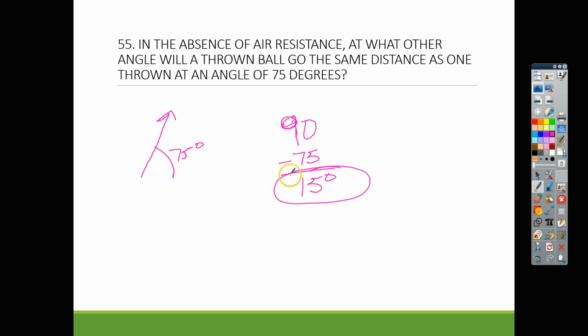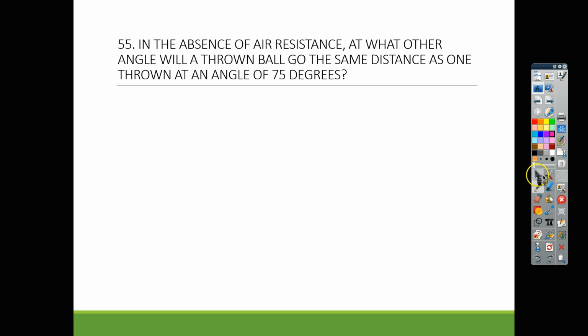And that will give you the same position. So we could shoot one up at 75, it just goes really high and then comes back down. If we shoot it at 15 degrees, it's not going to go as high, but it will go over and it will land at the same spot. So this one is 15 degrees right here, the bigger one was 75, and if you add them together, they do equal 90. That's the other way that you probably need to check.